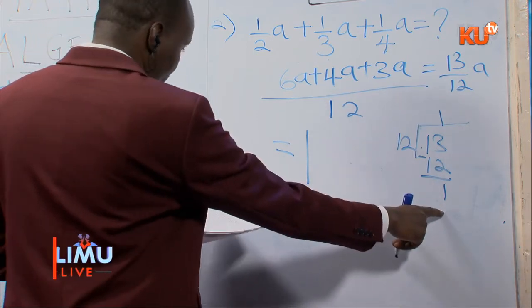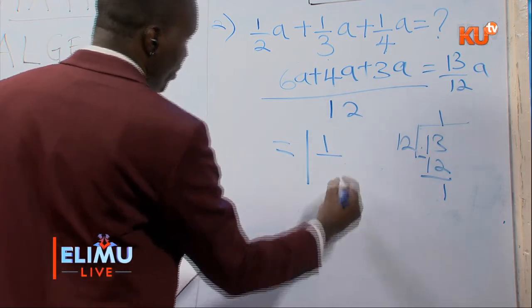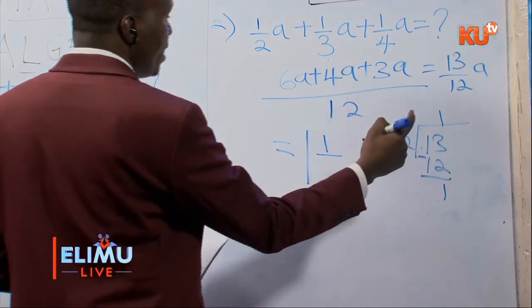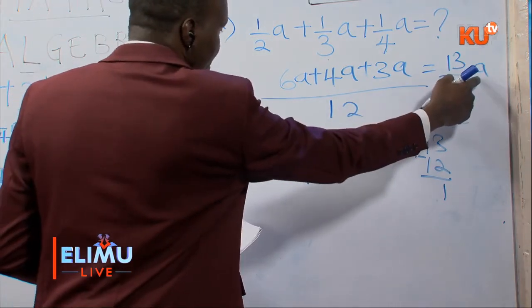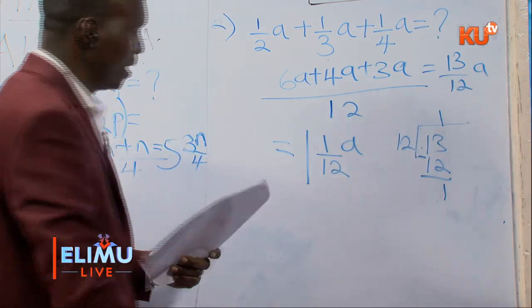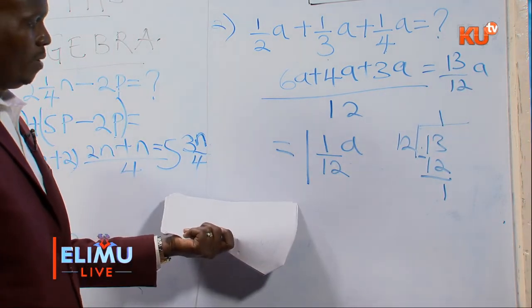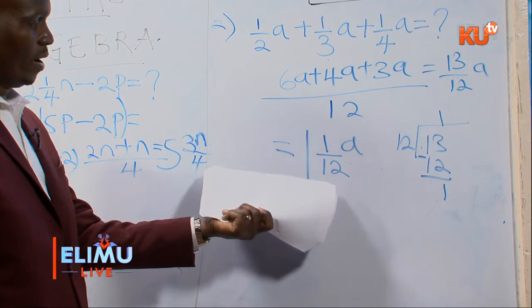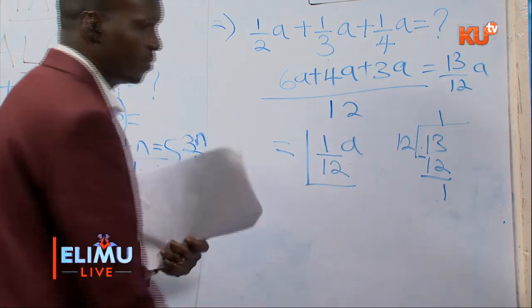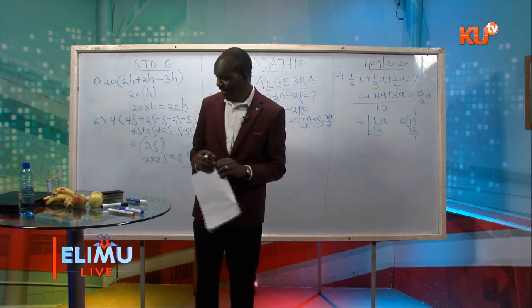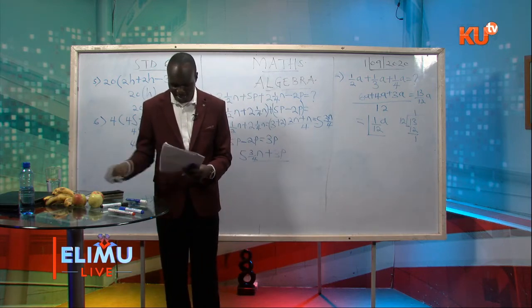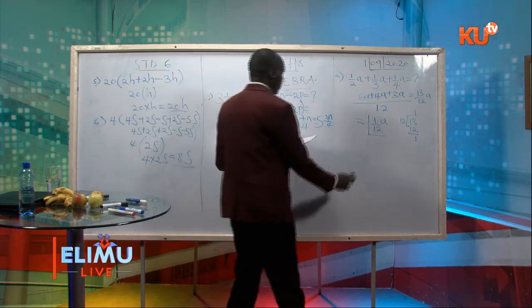Our remainder, which is 1, becomes our numerator, and our denominator becomes 12. And don't forget letter a. So our answer becomes 1 whole number, 1 over 12a. Is it okay? Is it clear? Okay. Our next example.